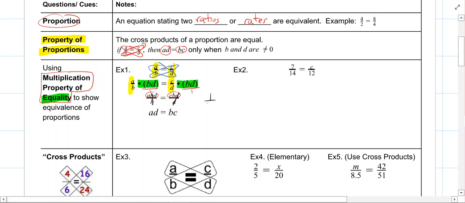Let's do this one. 1/2 is equal to 3/6. Now you know that's true, don't you? Okay, so let's go ahead and do it just like we just did here.